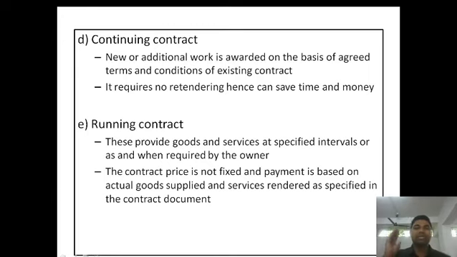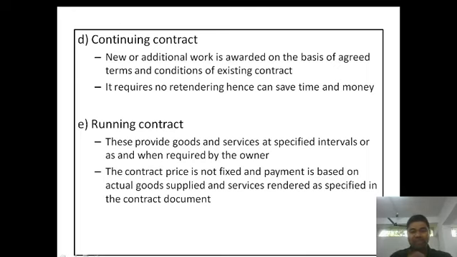Whenever the owner needs material, I supply either fine aggregate, coarse aggregate or cement, whatever it is. It goes throughout 1 year or 2 years, whenever he needs me. That sort of procurement contract, which runs for years, is known as running contract.